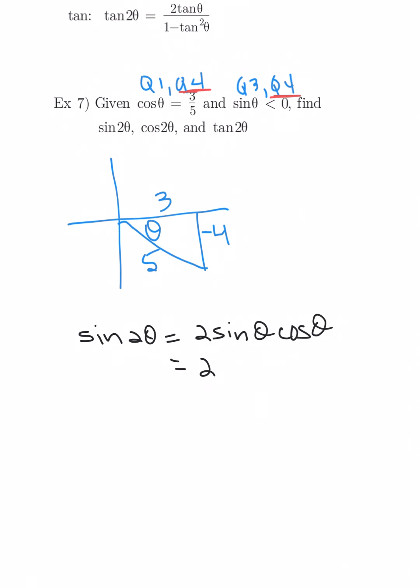The sine of this angle theta would be negative 4/5. The cosine of this angle theta is 3/5. If we multiply 2 times negative 4/5 times 3/5, we get negative 24 over 25.